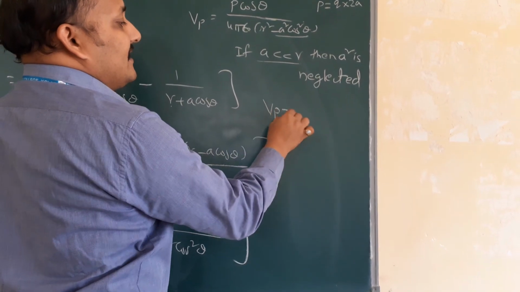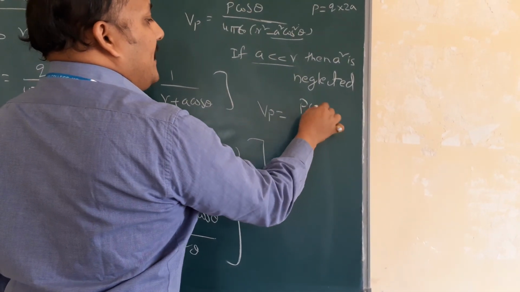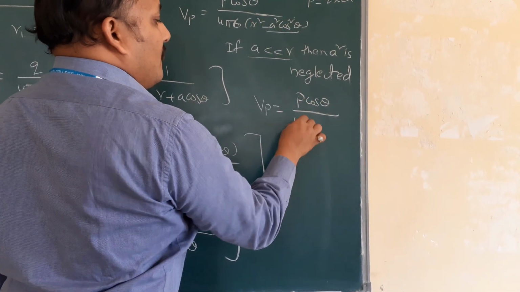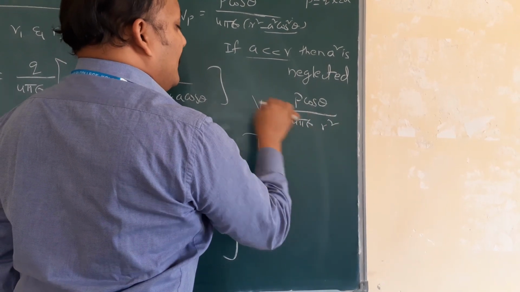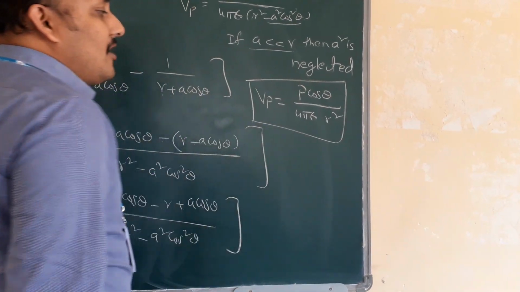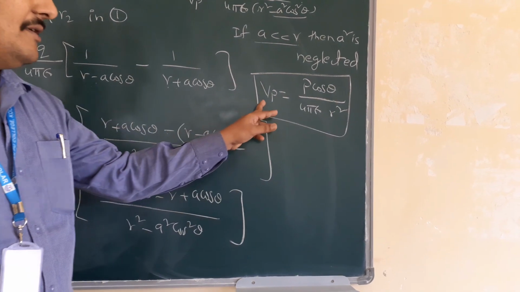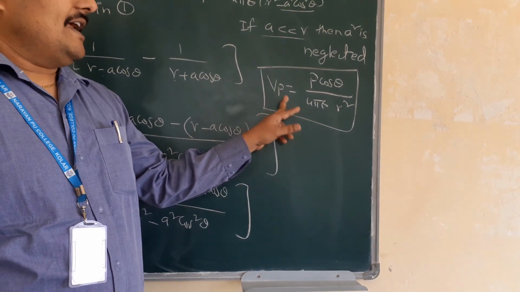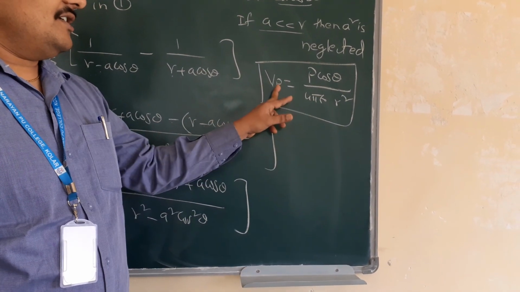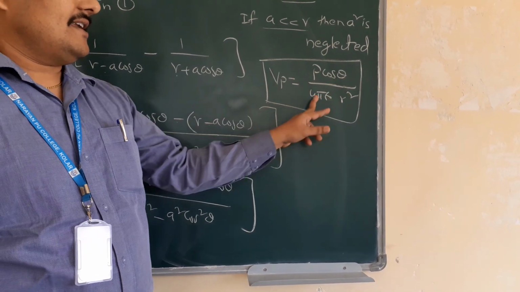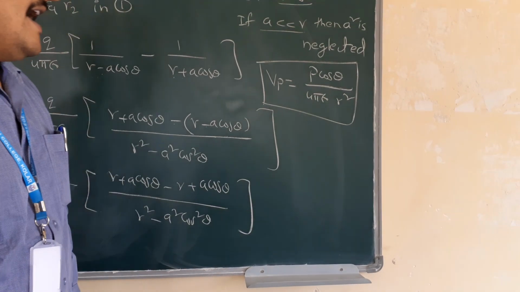Then what is the final equation? V is equal to P cos theta by 4 pi epsilon naught R square. So this is the formula for potential due to a dipole at any point.